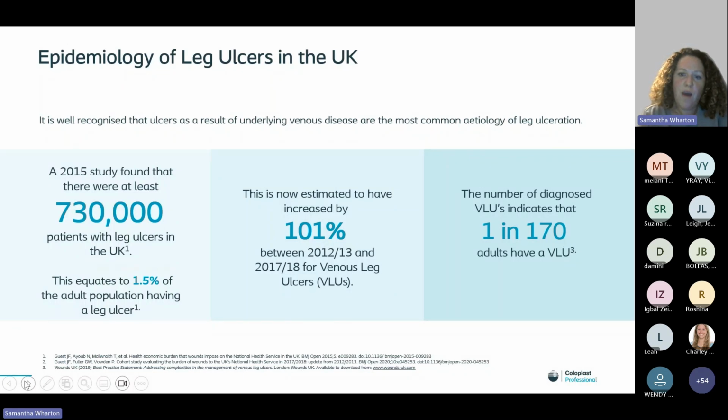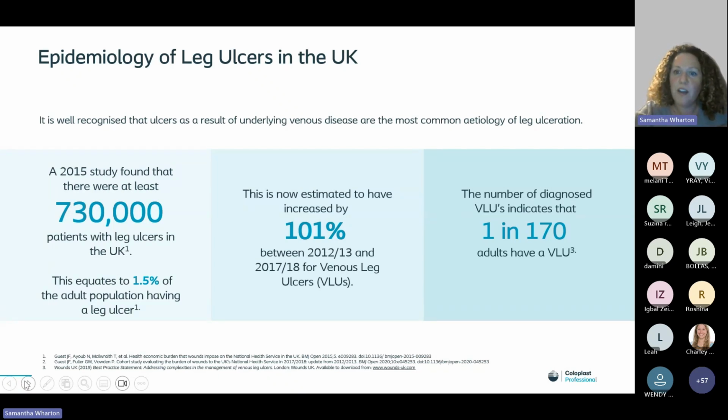Obviously, if you've been around wound care, you'll be familiar with the burden of wound care study by Guest et al. That was two studies. The first one was done in 2012-13 and the second one was in 2017-18, and that showed a 101% increase. Again, that 2017-18 data is now 7 years out of date, and looking at what's happening across the UK, we can anticipate that it's going to be higher again.